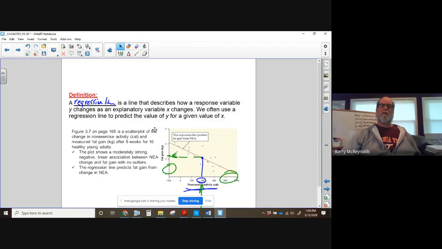Now, for right now, we're gonna talk about the regression line without really talking about how we create it or calculate it. We're just going to say, oh, we have this regression line, and it is our best representation of how the x values correspond to the y values on average.